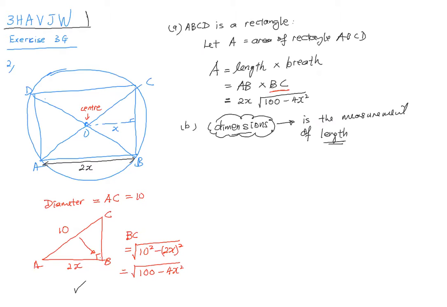Flat surfaces have 2 dimensions. If I talk about the dimension of a circle, you are supposed to tell me the radius. If I want to know the dimension of a cylinder, you're supposed to tell me the radius and the height. It depends on the shape given to you.